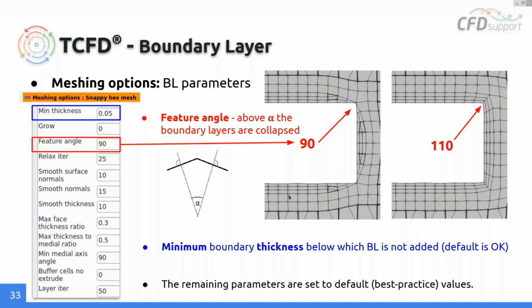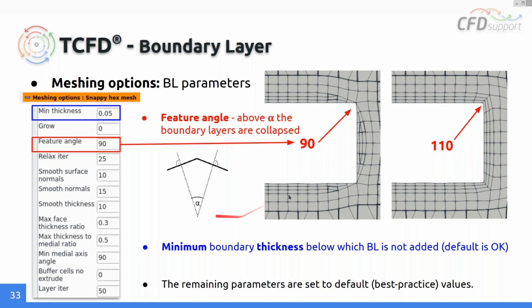For example, if you would like to collapse layers at sharp angles, you can set this feature angle to the default one. Or if you would like to keep the boundary layer also at sharp edges, then you should increase this parameter.